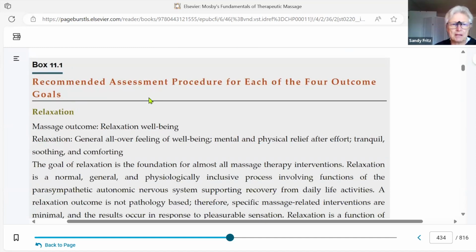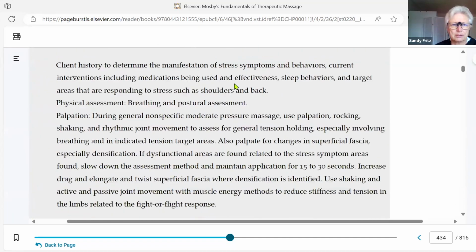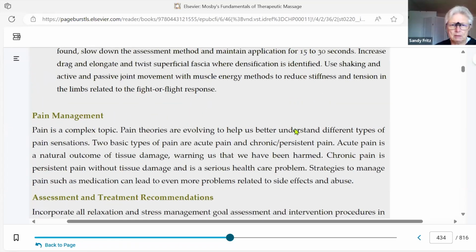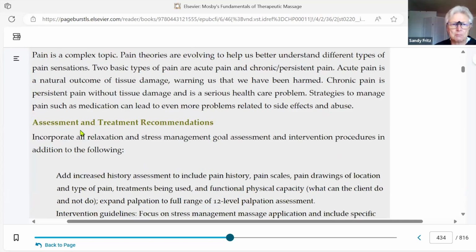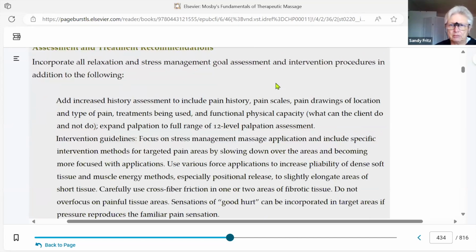So this box is really important in putting all of that together. It actually gives you the content, the goals, pain management, and then appropriate assessment and treatment recommendations. Treatment would be your intervention.